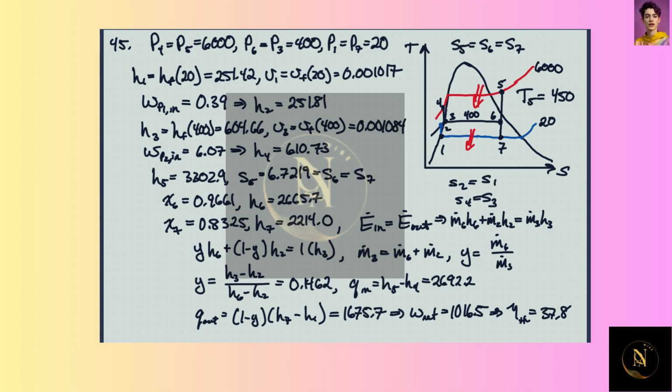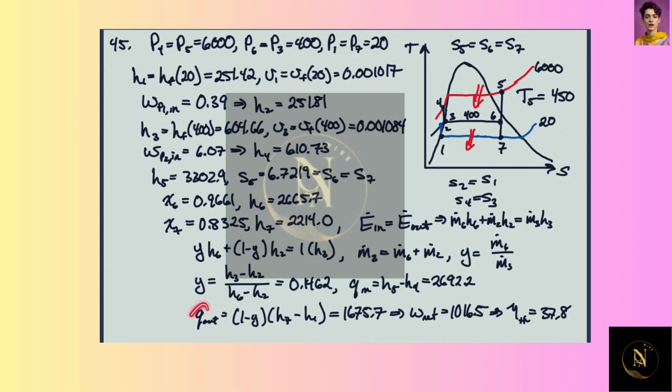Then we can get the heat transfer in, and that's just from the enthalpy at 5 minus the enthalpy at 4. And then the heat transfer out, again, we've bled some off, so we have to take that into account. So we bled some off here, and so we only have 1 minus Y of flow here, and so we need to subtract the Y out of here. Y is a dimensionless thing.